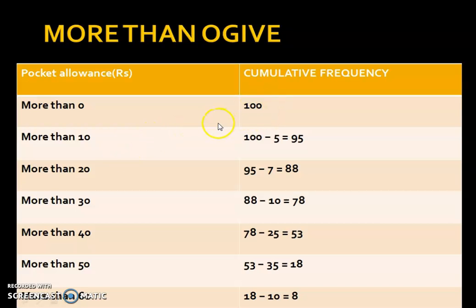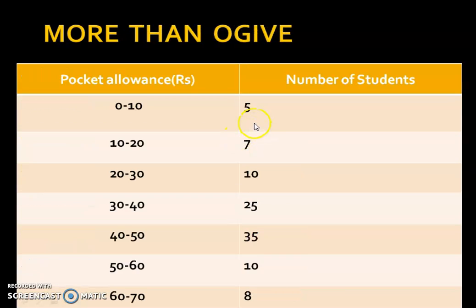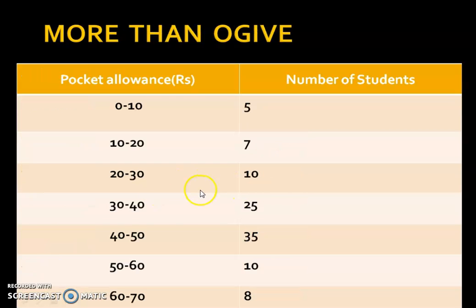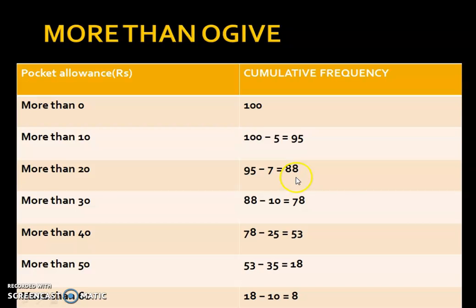More than 10 would be 100 minus the first frequency. So 100 minus 5 we get 95. The next cumulative frequency we will get by deducting the frequency of the preceding class from 95. 95 minus 7 is 88.